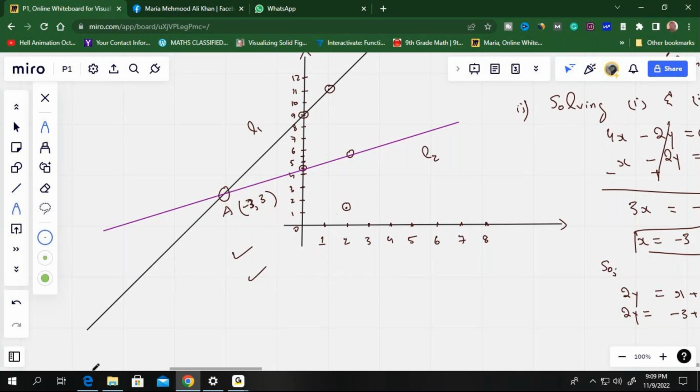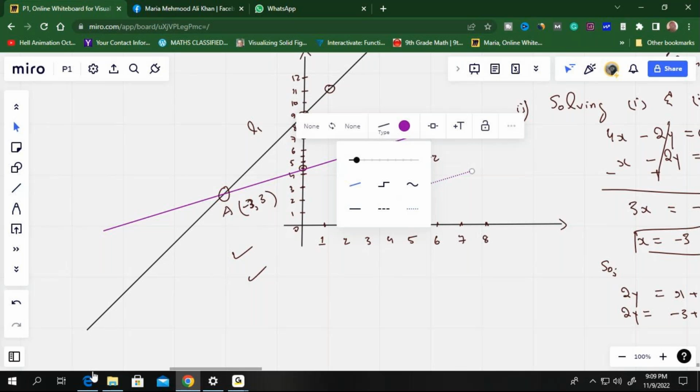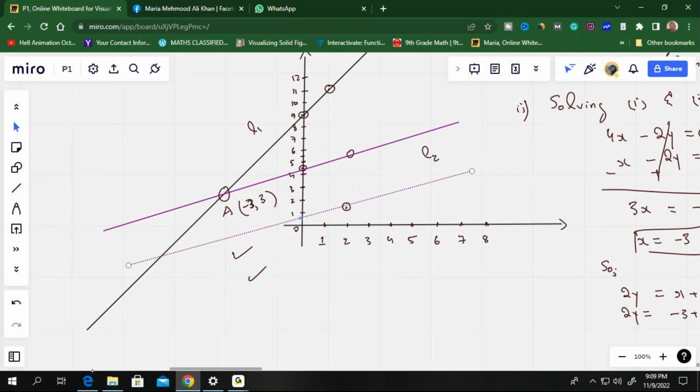You can see that if I try to draw a line parallel to my pink line, parallel to my L2, in such a way that it's going to pass through 2, 1, I'm going to draw this line in dotted form.